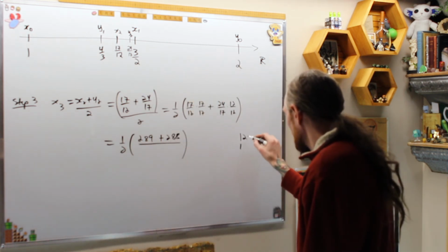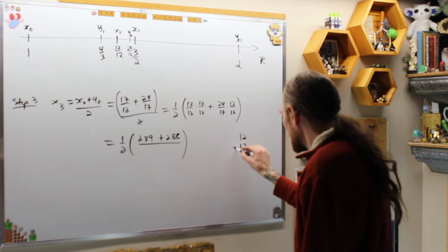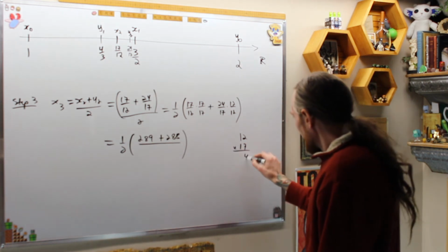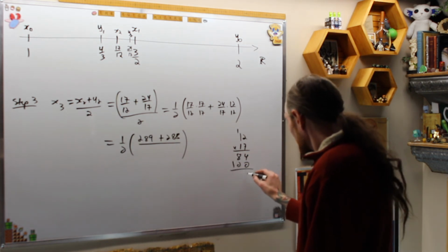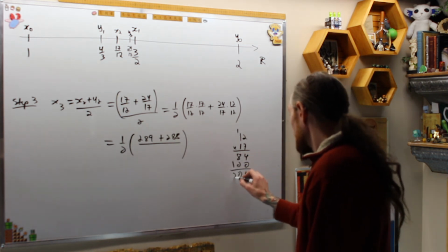If I multiply 17 and 12 out, I will get 204.